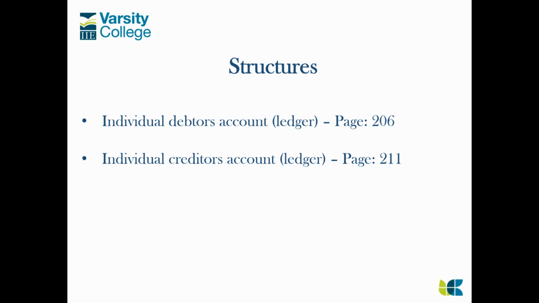Right, so that's just an illustration of the individual debtors. You go to the individual creditors, I see there's an example there, 7.2, and you see it's exactly the same structure. The only difference is here now we're dealing with someone that we owe. Same principle, we sit down and we ask ourselves, is there an opening balance?